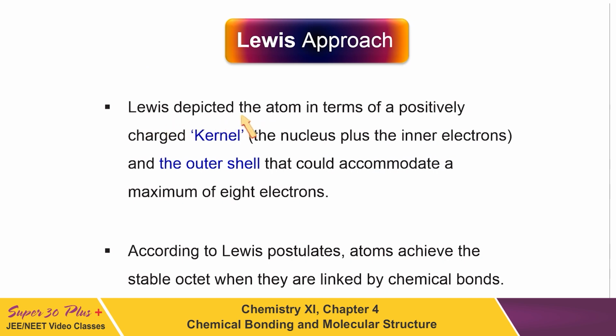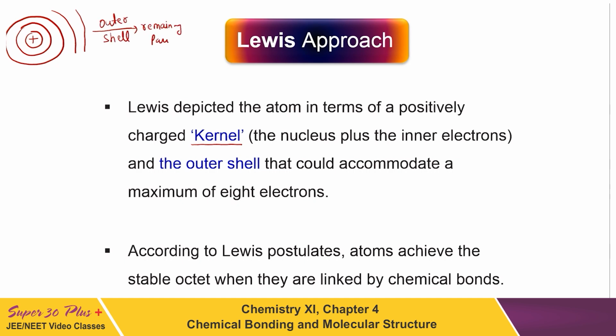Lewis described the atom in terms of a positively charged kernel. You must be thinking, students, what is this kernel? In any species, there is a nucleus and the outer shells. It doesn't matter how many shells there are, but if you remove the outer shell, the remaining part of the atom is called the kernel.